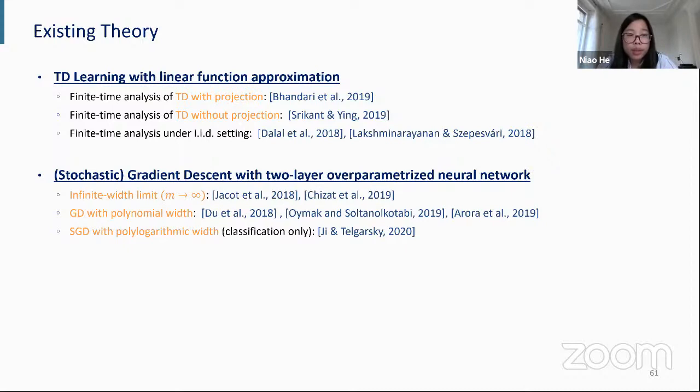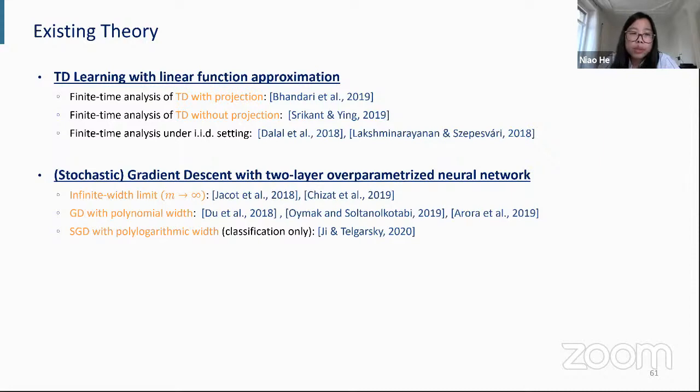There were also some results for stochastic gradient descent. For classification problems, people can show significantly reduced overparameterization complexity. Instead of a polynomial dependence on the sample size, they only get polylogarithmic dependence on the number of training samples you have. Those are the recent advances in deep learning theory.